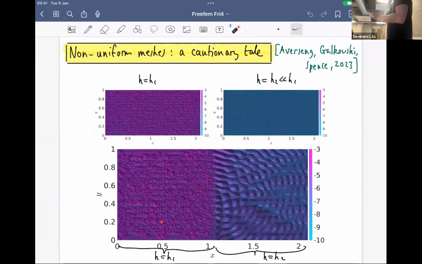So even though the solution is propagating upwards, there's still error propagating from the left to the right. So one of the key takeaways from this talk is that using these non-uniform meshes, you need to be careful about the propagation of the error, and that's something we're going to need to control if our goal is to design such non-uniform meshes.